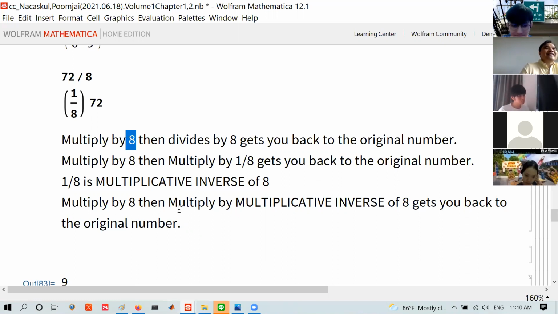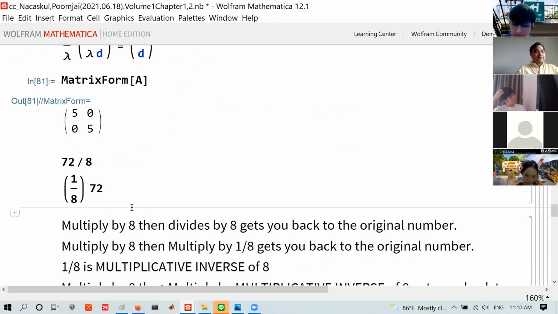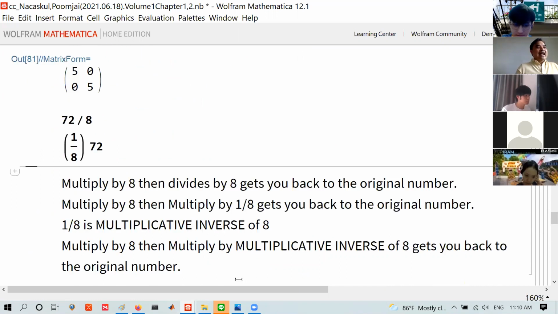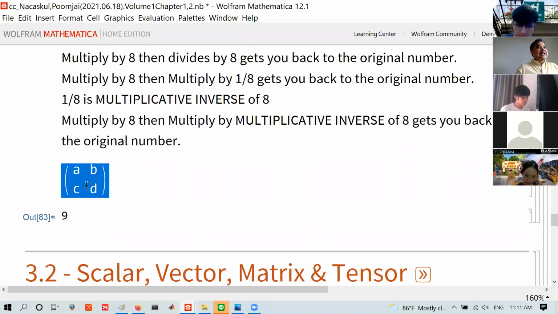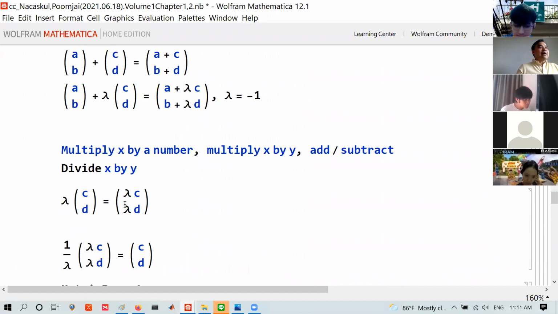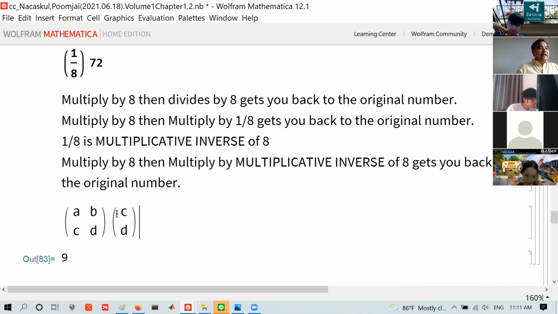So now, if I have a matrix, I have something like this: A, B, C, and D, multiplied by, let's say, x1 and x2.